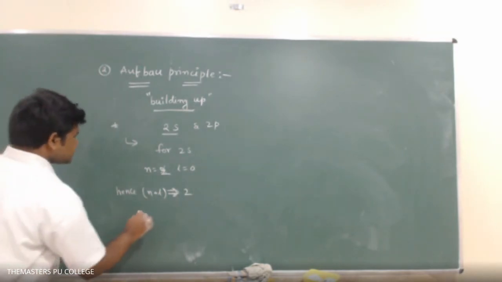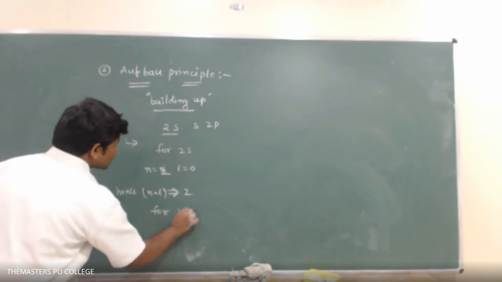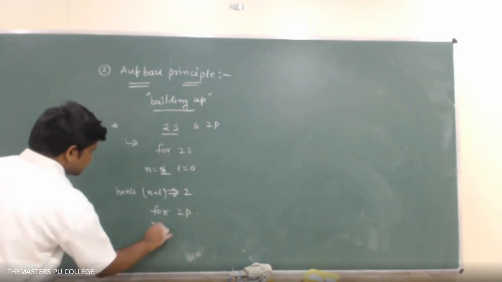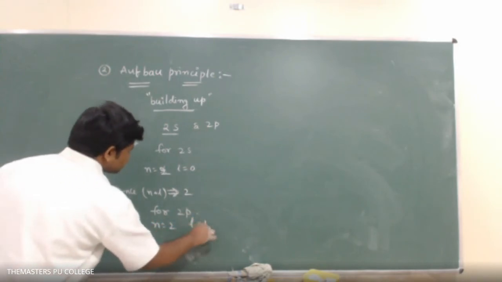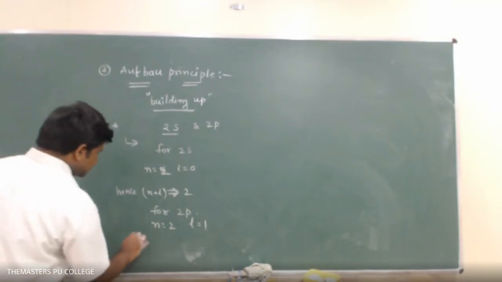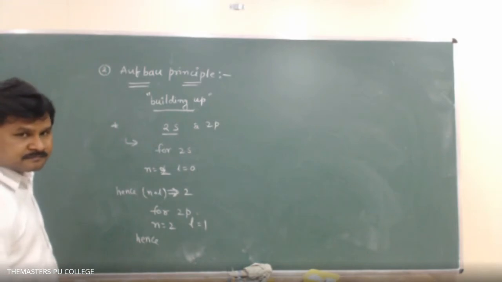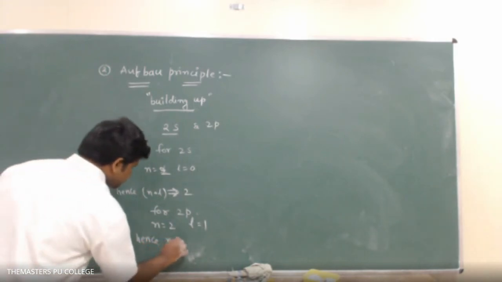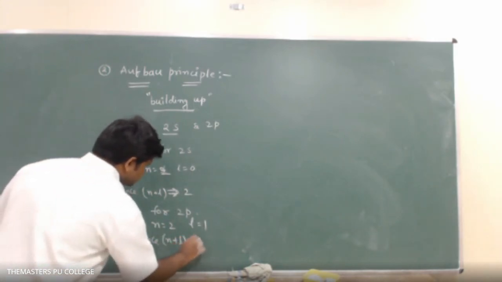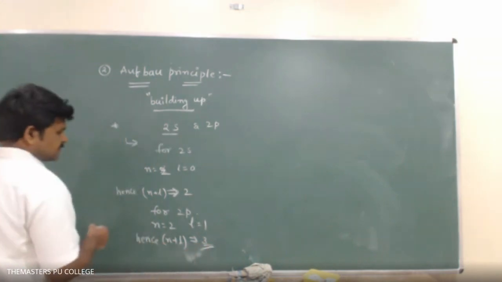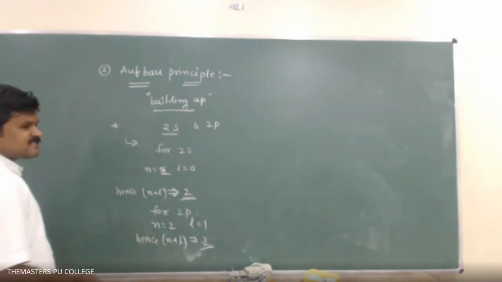Next, for the 2p orbital, n is equal to 2, l is equal to 1, hence n plus l is equal to 3. Here, which has the least n plus l value?